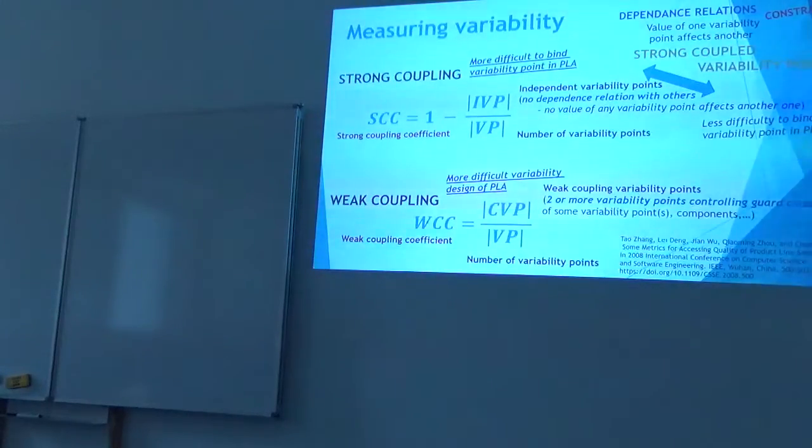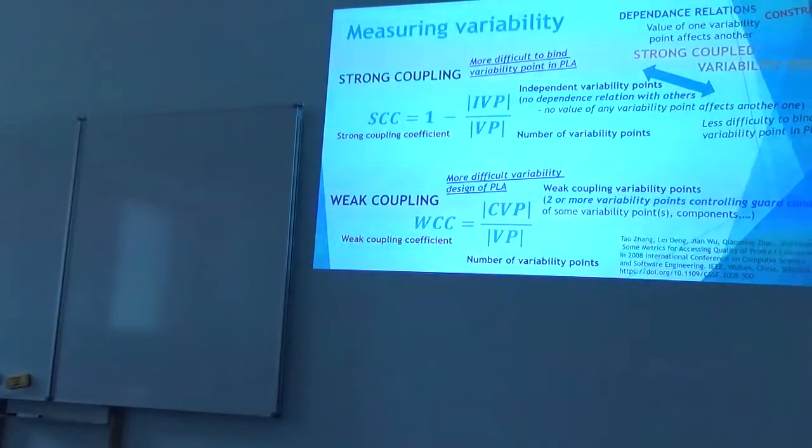Other variability measures are decoupling and strong coupling. Decoupling is a real problem in software product lines, because if we have decoupling, it means that 2 or more variability points guard the condition of another variability point.